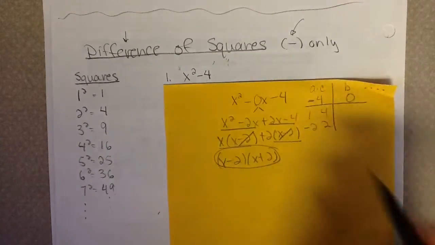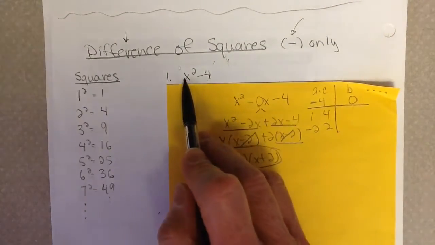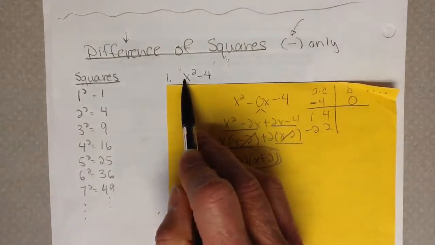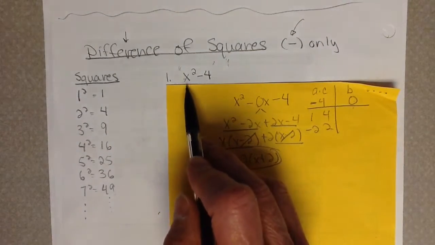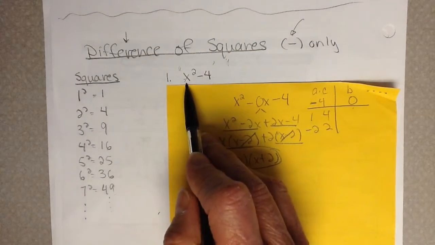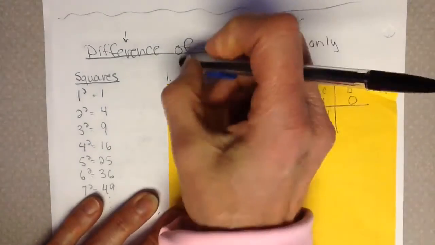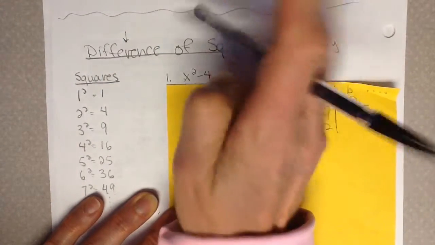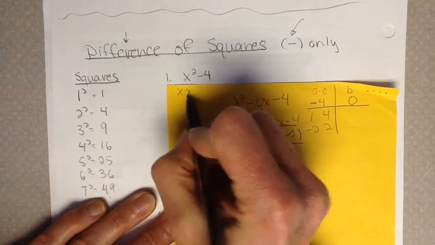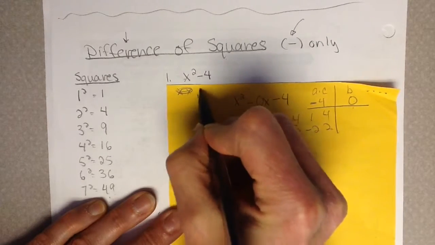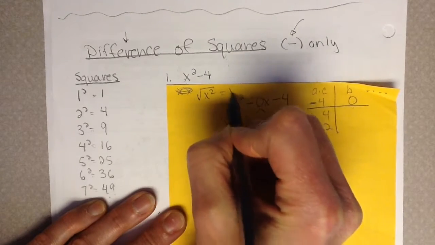Now there is a shortcut. If this is a perfect square, which means you can figure something that you can multiply by itself 2 times to get x squared, then it's x times x. So if I take the square root of x squared, it's just going to be x.